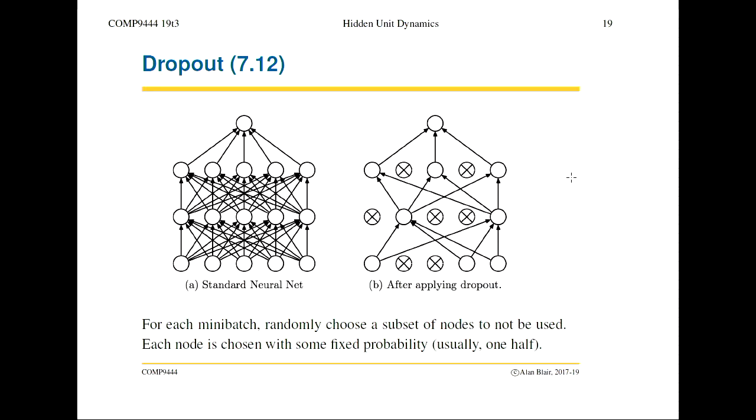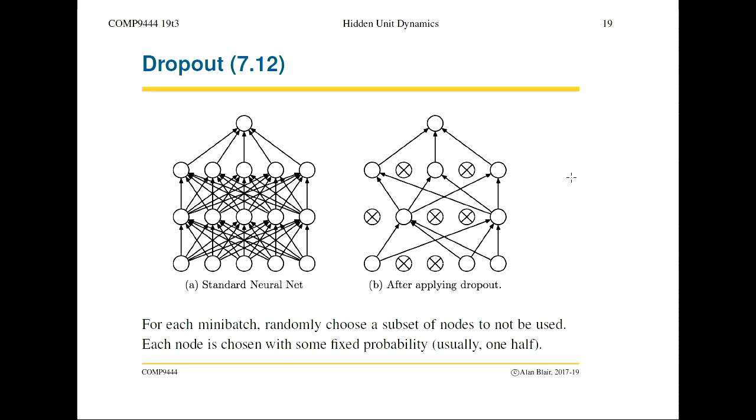And you have to choose a certain percentage that's dropped out. You may choose that 50% of the nodes will be dropped out, or 20% of the nodes will be dropped out. You adjust this parameter, and the nodes that are dropped out just don't participate in the training, and whatever nodes remain have to do the best they can to achieve the task.